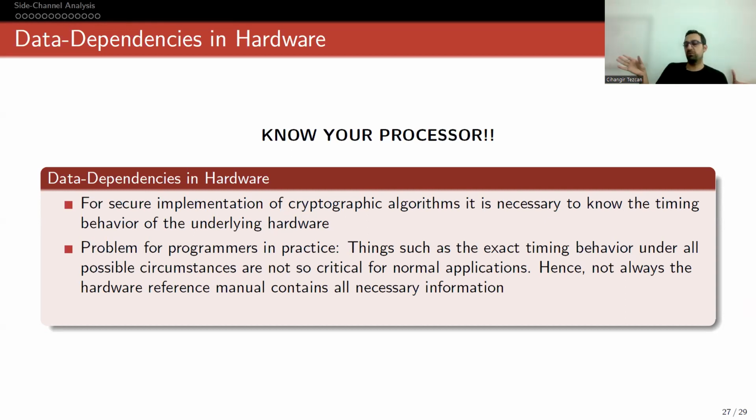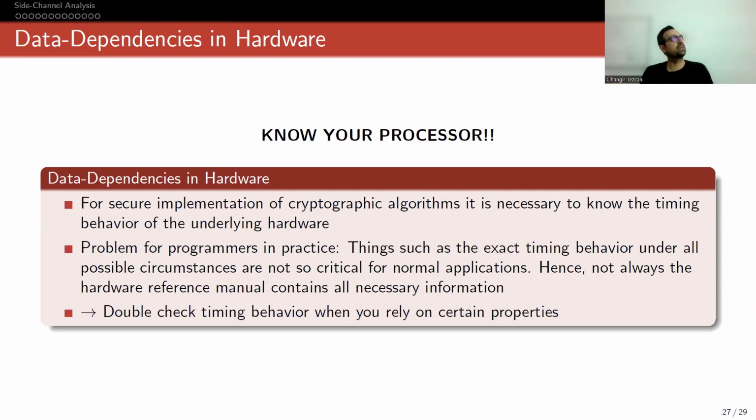For instance, two GPU series, both with the same number of cores, same clock speeds and so on. But all of a sudden, you realize that your code works a lot faster on one of them and not the other. Then you realize that some memory operations are somewhat faster in one of them. A similar thing happens to embedded devices. So double check timing behavior when you rely on certain properties, especially when you are implementing cryptographic algorithms.